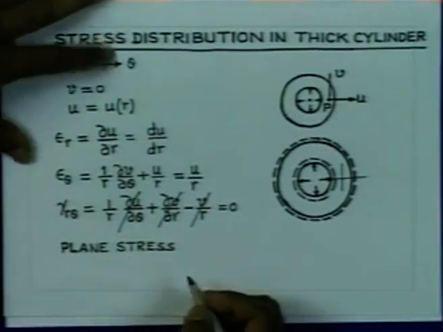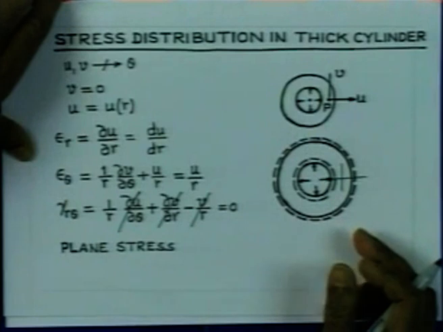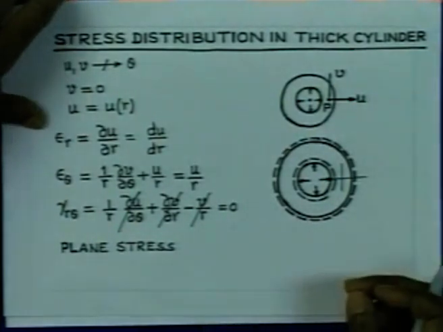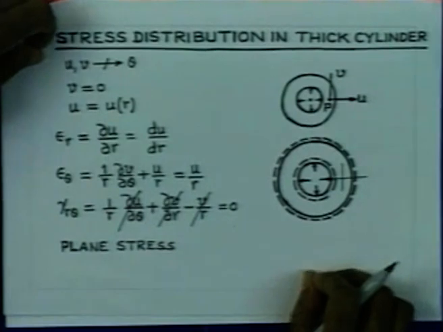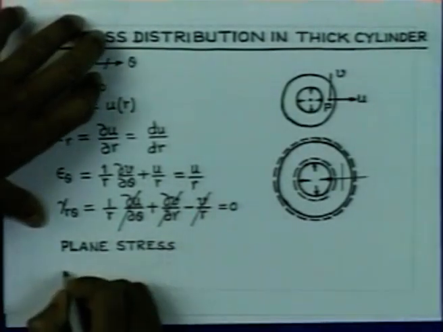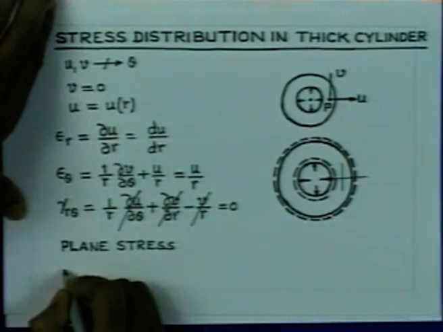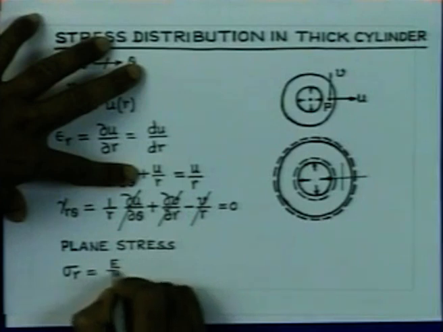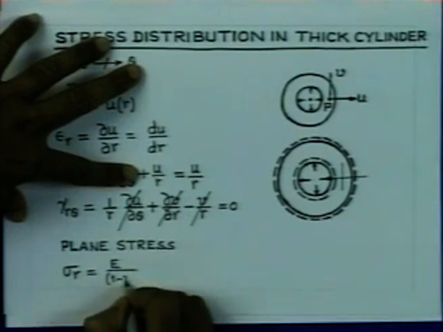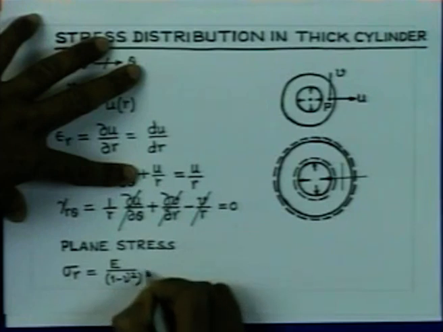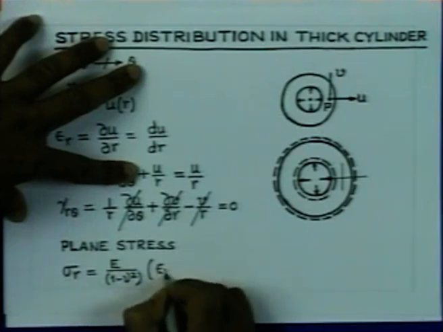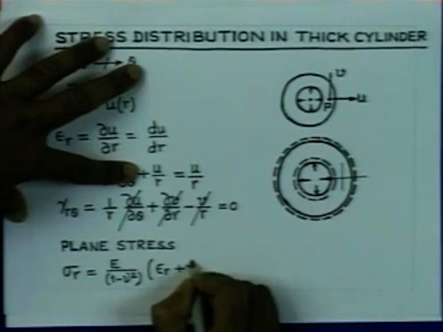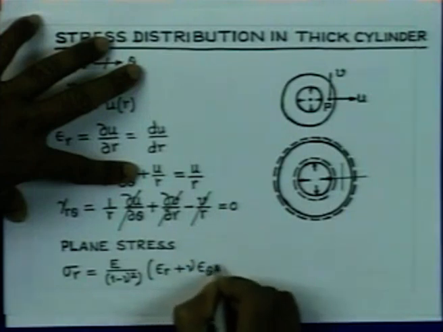If you have assumed this disc or cylinder to be thin and loaded by internal pressure, then we can make use of Hooke's law, and the relationship between the stresses and strains is that sigma r is given by E by 1 minus nu square multiplied by epsilon r plus nu times epsilon theta.